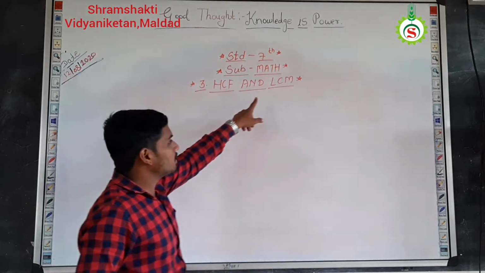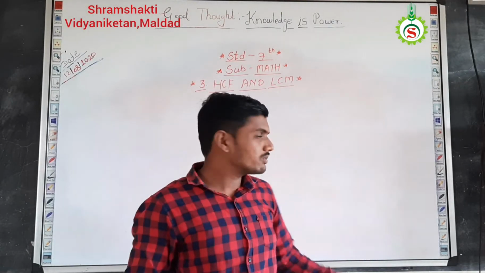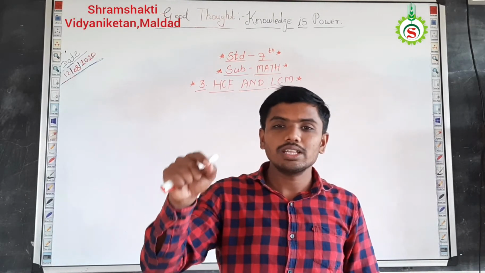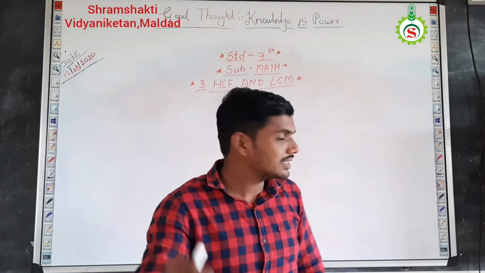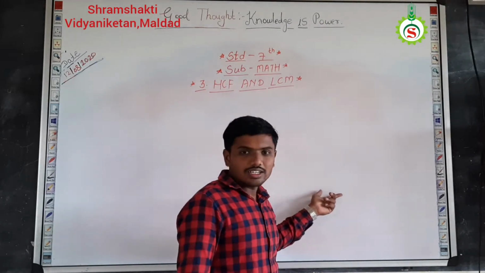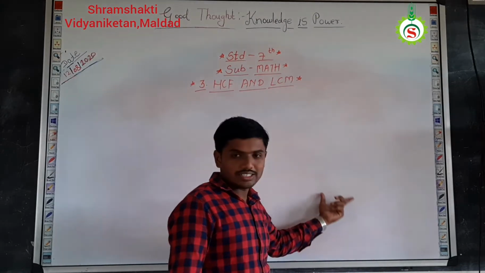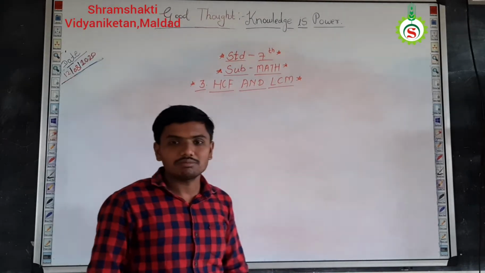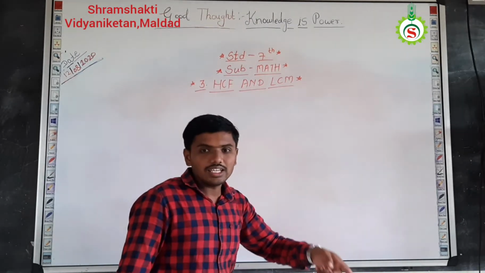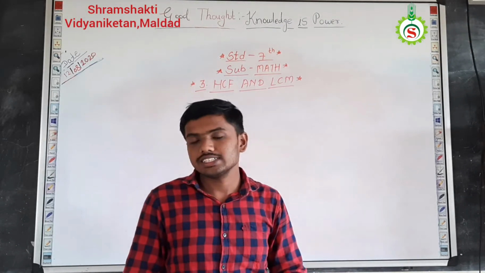Common factors. Now for finding the least common multiple, LCM, what do I have to take from the factors? I have to take the maximum occurrence of all the factors, from all the numbers. Once I calculate the maximum occurrence, after that I have to multiply all those factors, and the product is called the LCM.